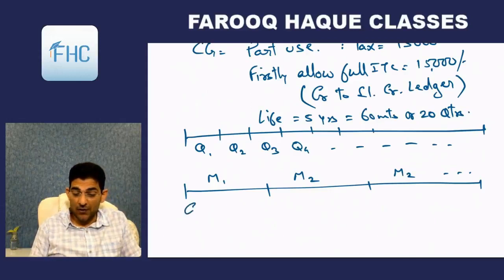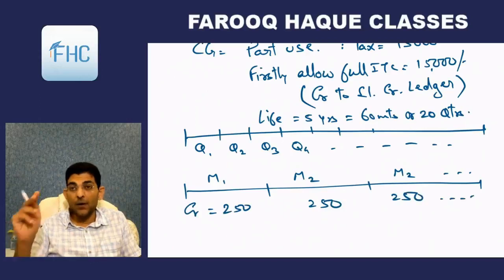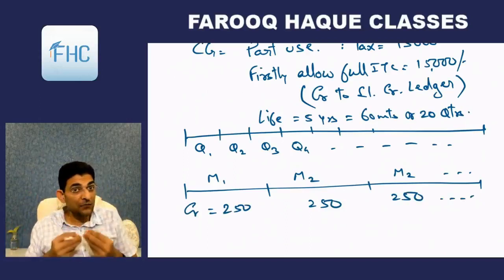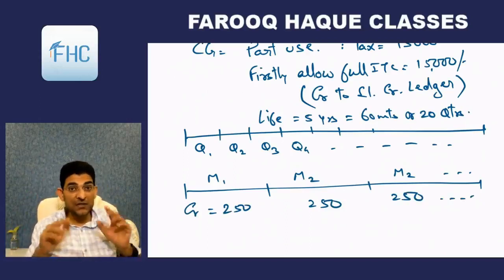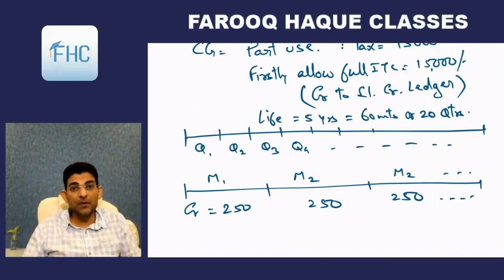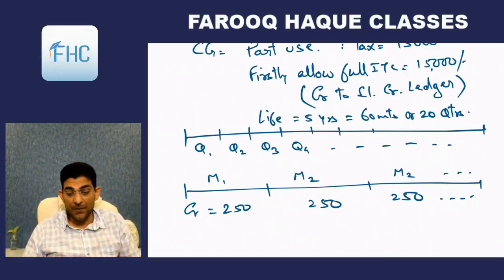Okay, so credit attributed to 1 month is 250. Over 60 months, 15,000. Though I have taken 15,000 in full in the first instance itself, but if I amortize it, it is 250 per month.